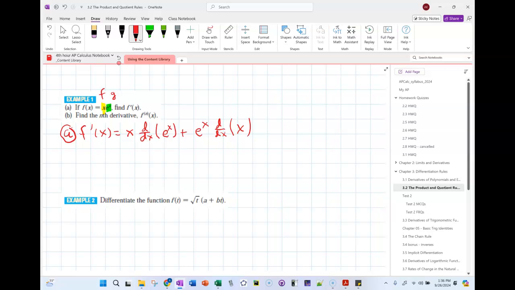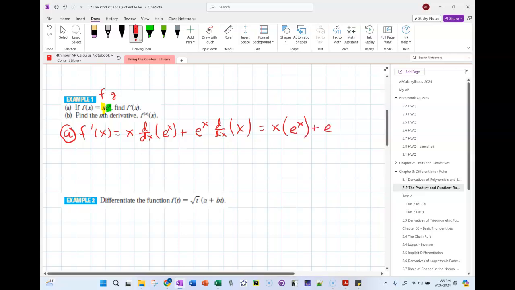So far, so good. What is the derivative of e to the x? E to the x, that's correct. And what's the derivative of x? 1.